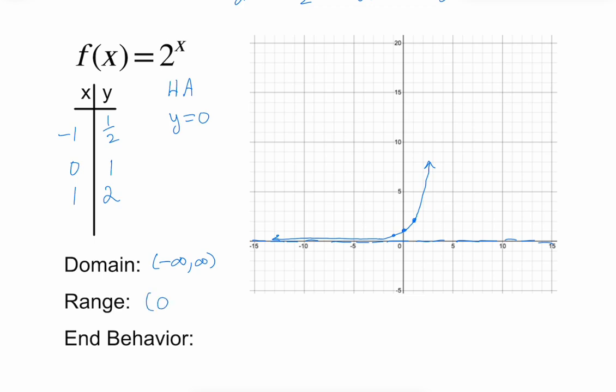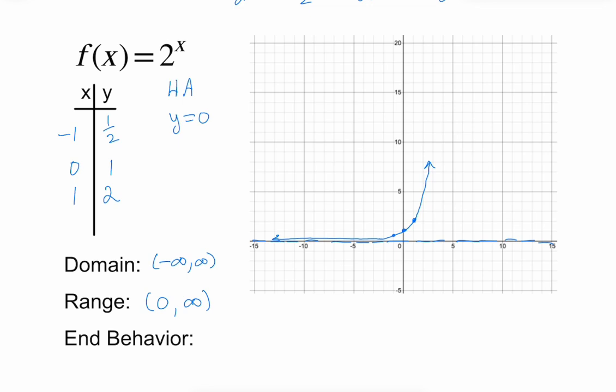So we indicate that with a parenthesis on our 0. And then if you think about the y values, it's getting to almost 0, and then it's going up as high as it wants. So for the range of an exponential function, usually one end will either be going to positive or negative infinity. The other end will head to that asymptote. Okay, so that's very common.